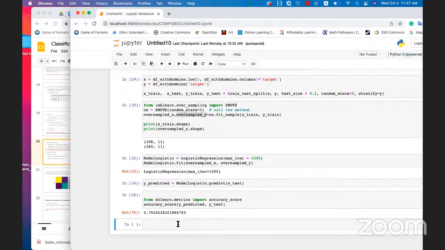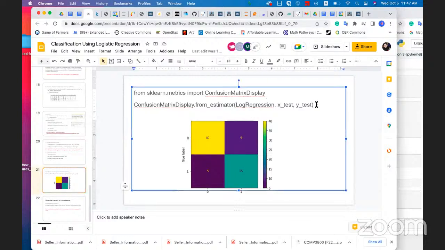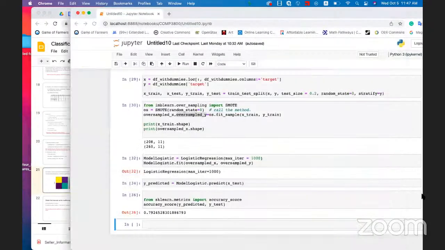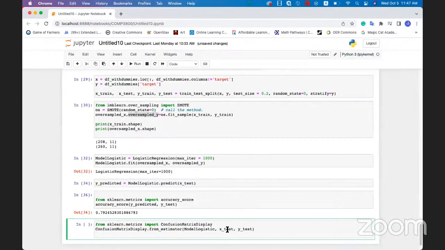And if we plot this confusion matrix, you give this method the model you just trained, and then you give the testing set to this method.